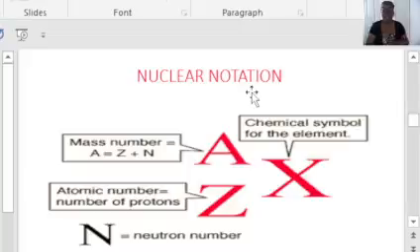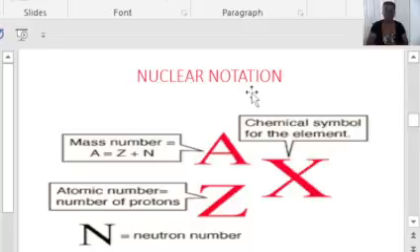So if it's a single letter, you would see it in capital. If it's 2 letters, you will see the first in capital, and the second letter would be in lowercase. So that would be the chemical symbol.